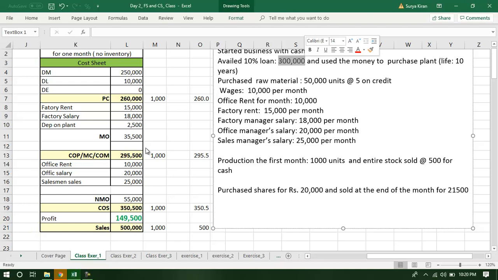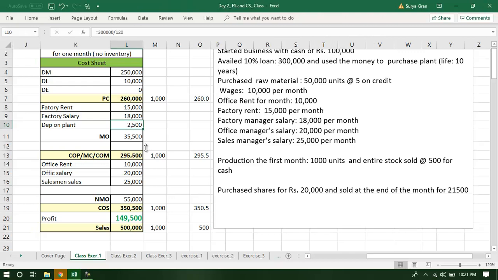You cannot put the entire 300,000 into the cost sheet because your cost sheet will only show expenses, will not include the cost of the asset, but will include the cost of using the asset, called depreciation. So depreciation in this case is 300,000 divided by 120 months, because 10 years into 12 is 120 months, and this is for 1 month. So therefore we are taking depreciation for 1 month. The summation of this will give us the manufacturing overheads.